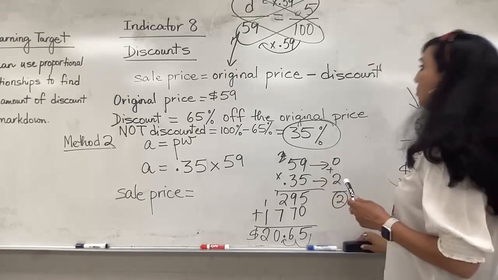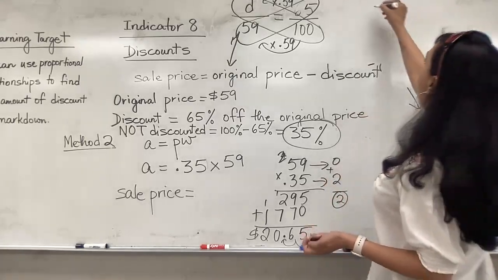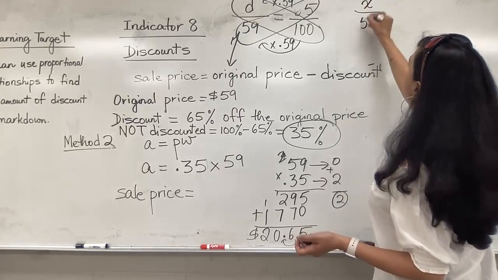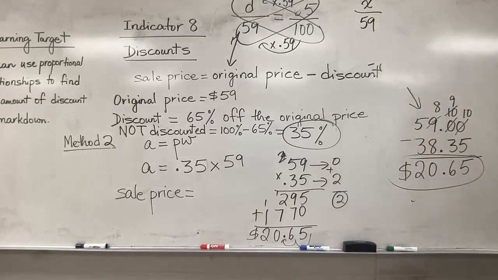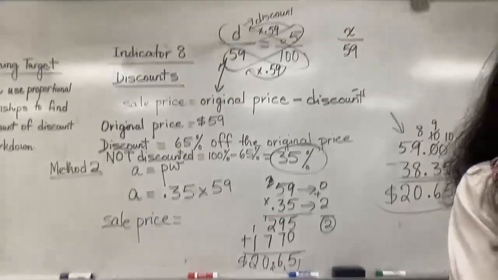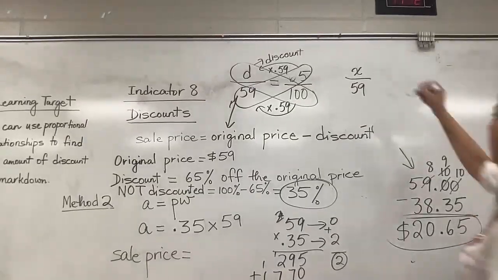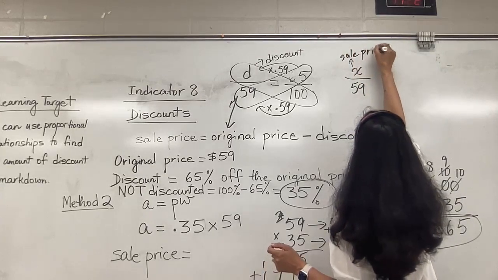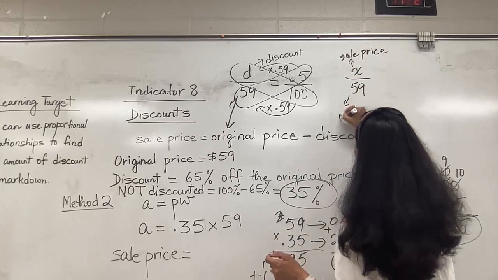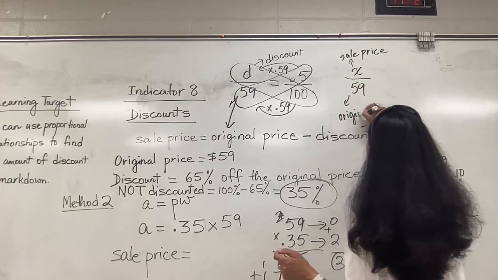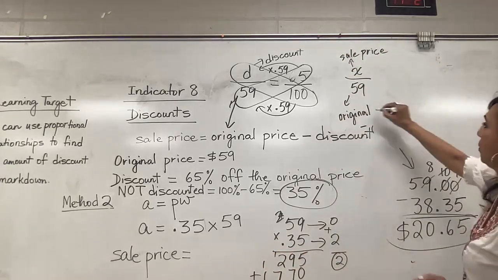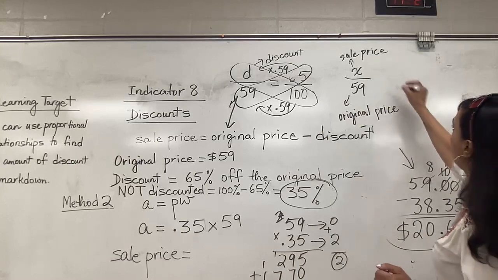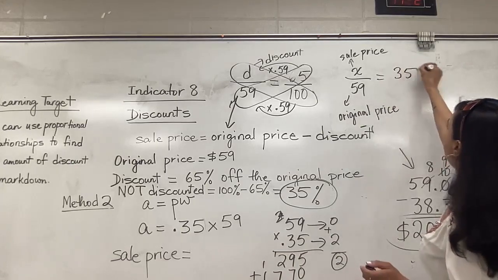I'm just showing you, I could have just done x over 59, where x is my sale price. This is my sale price. It gives me the sale price directly. And this is my original amount, or the original price, is equal to 35%.